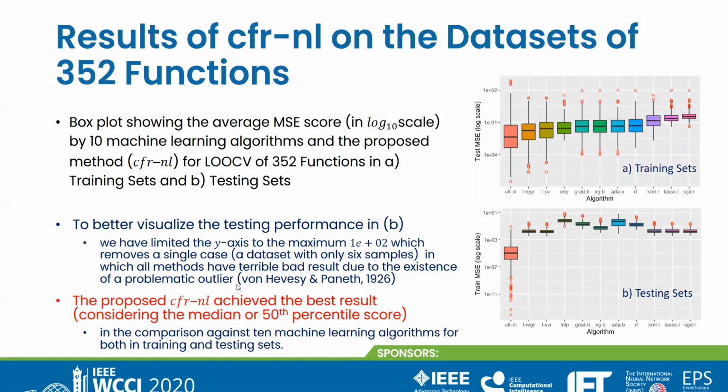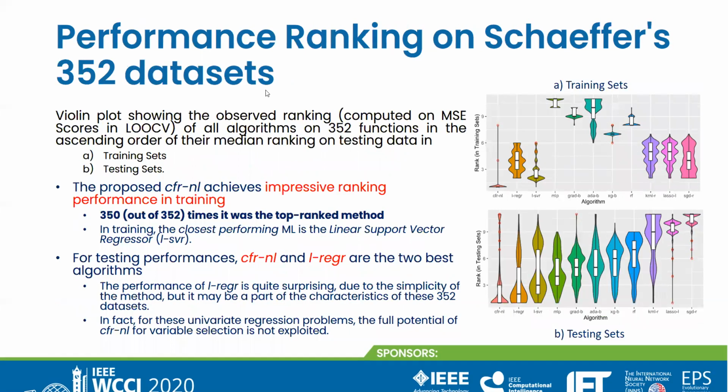We will see also that in terms of the ranking of our method, if we look at it like this, the performance is even more impressive because in 350 out of 352 datasets, it was the top ranked method in fitting the data. So it was very, very good in training performance.